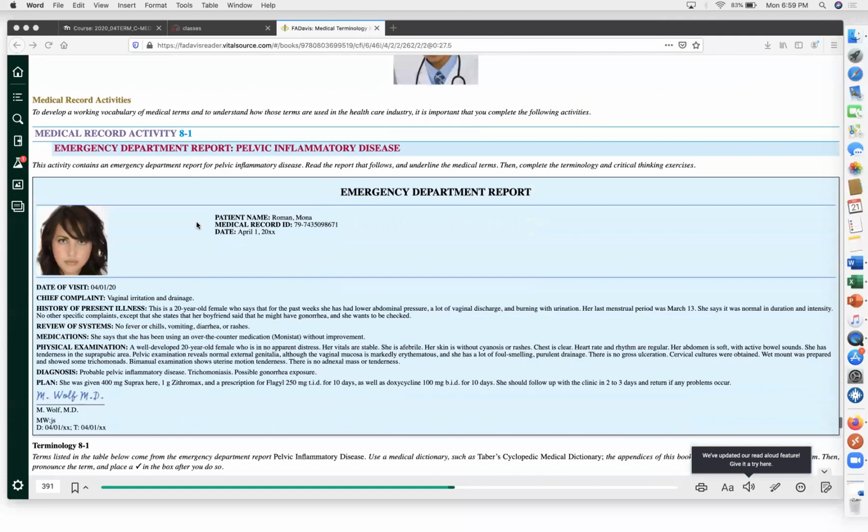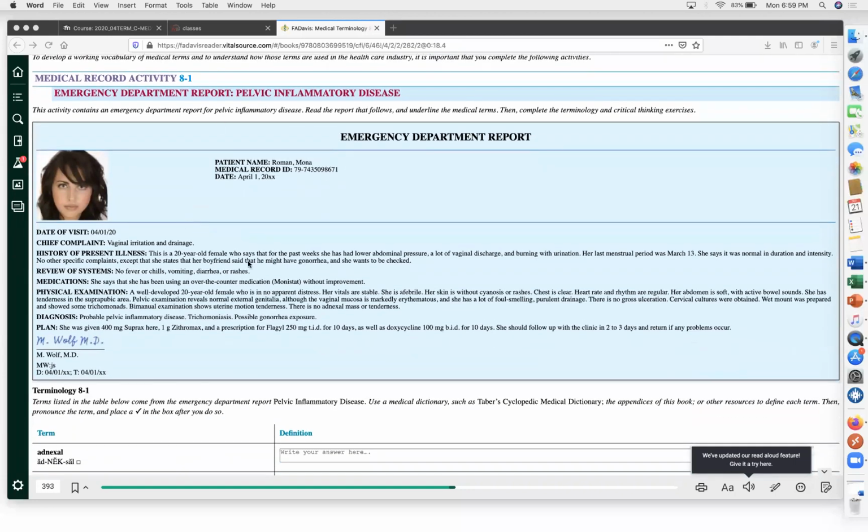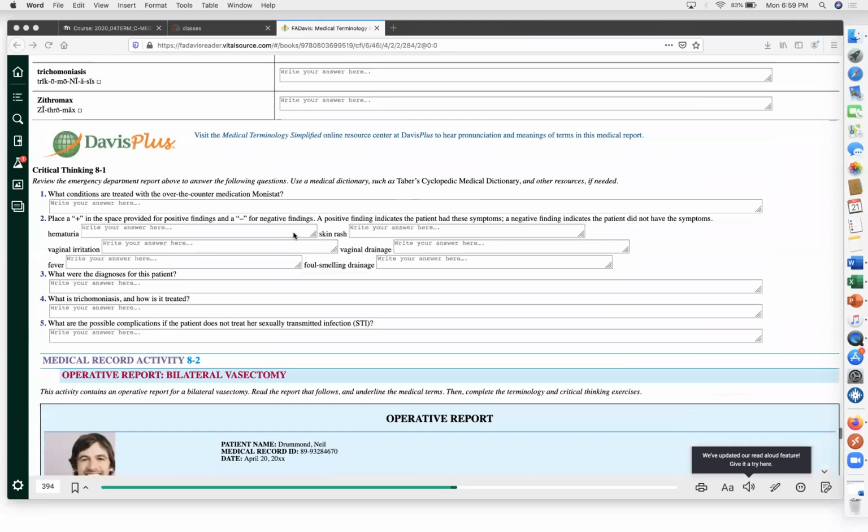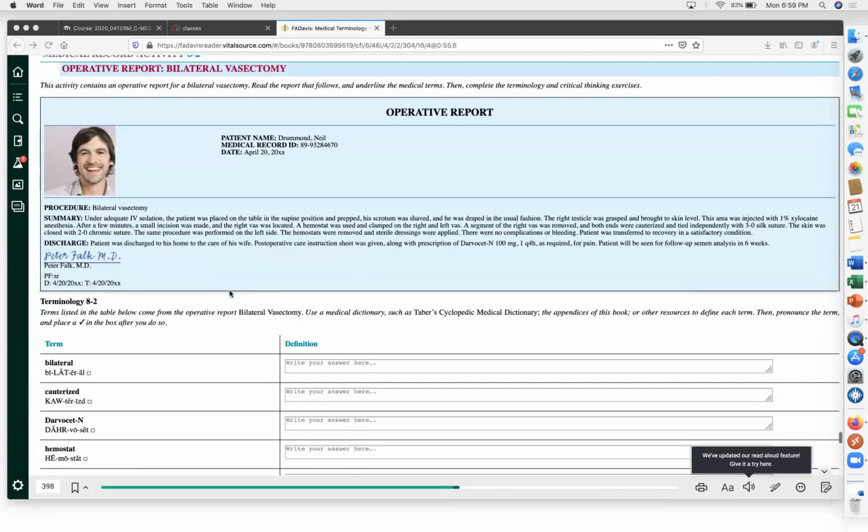And last but not least, we're already at the level of the cases. So again, for this week, choose one of the cases, do a question. You could either do this bilateral vasectomy done by the urologist, Dr. Peter Falk, and he has an operative report.